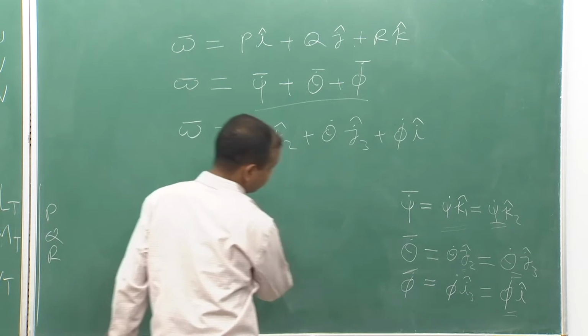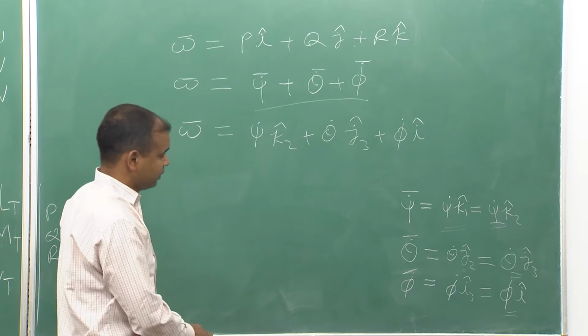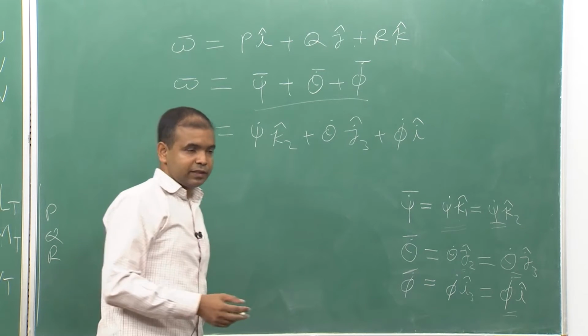Now, how can we find this k2 in terms of I3, j3 and k3?